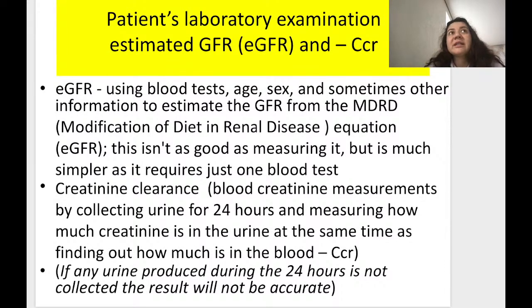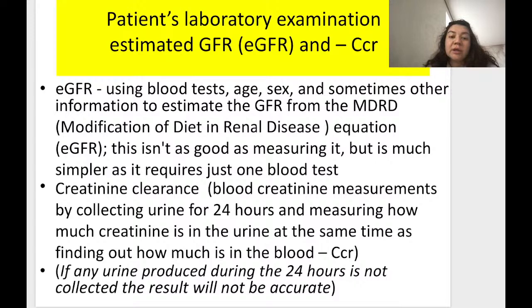And we can receive two values: estimated GFR and creatinine clearance. Estimated GFR uses a blood test, age, sex, and sometimes other information to estimate the GFR from the modification of diet and renal disease. It is the name of a formula, or shortly MDRD.